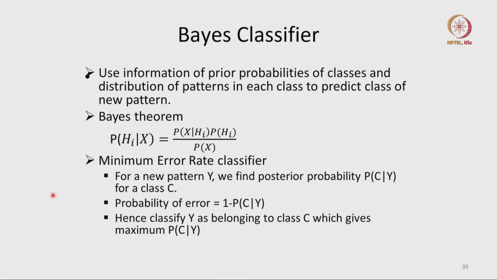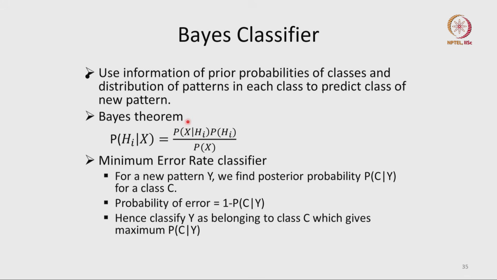Okay. The next classifier we talk about is the Bayes classifier. So, in the Bayes classifier, you are trying to find the probability that it is a certain hypothesis given x, okay, given the pattern x. So, you get a new pattern x.